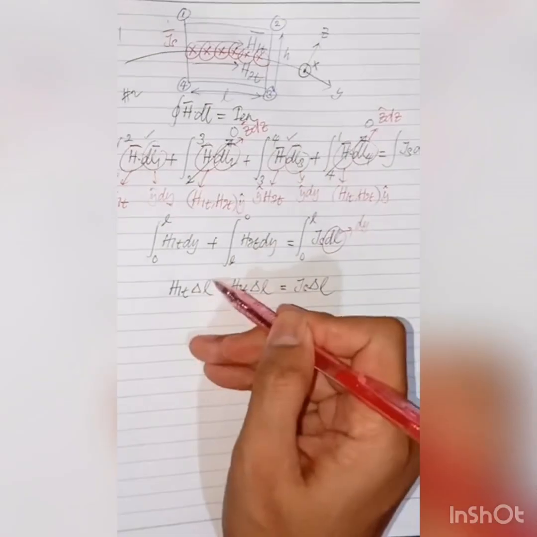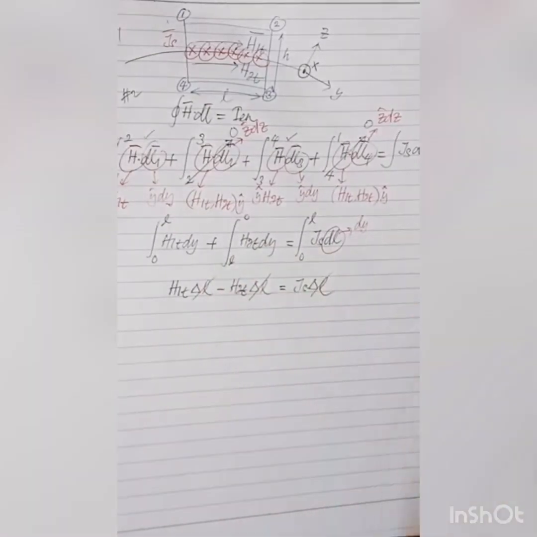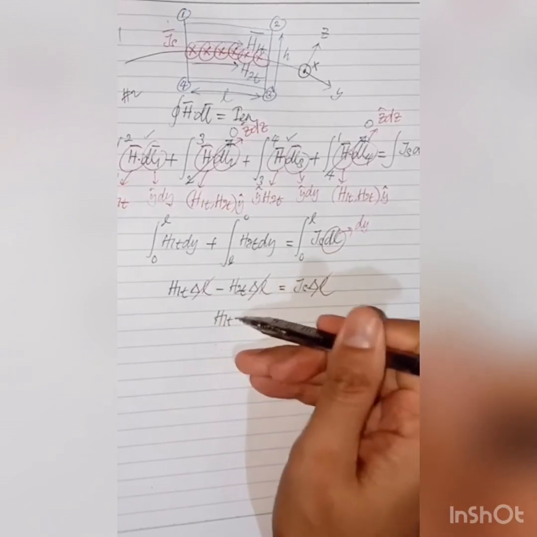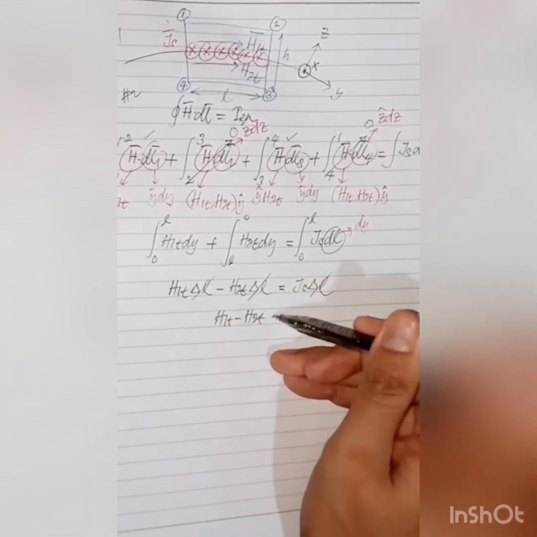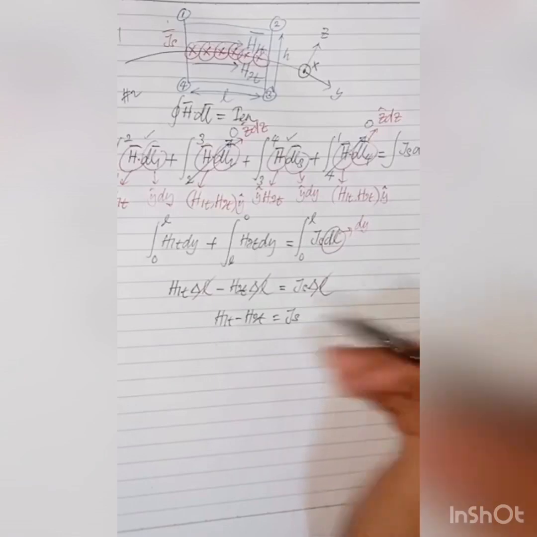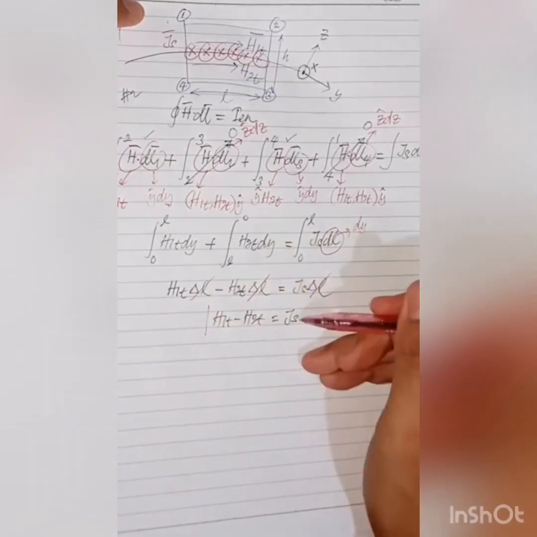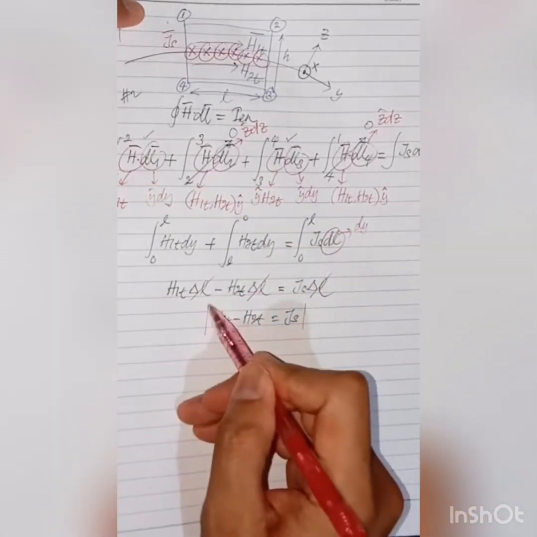So now we can simply delete all these terms. So finally we're going to have this equation: H1t minus H2t equal to Js. Okay guys, this is our final expression of the tangential boundary equation.